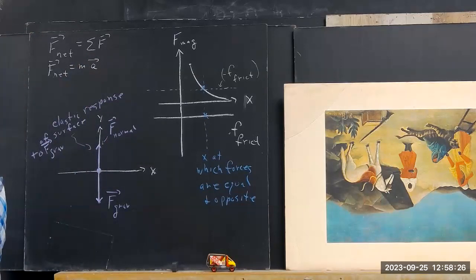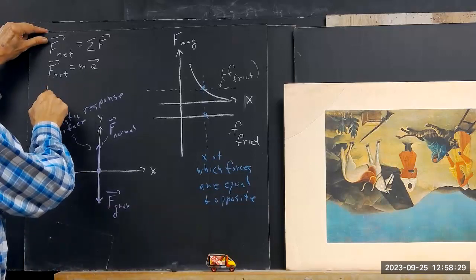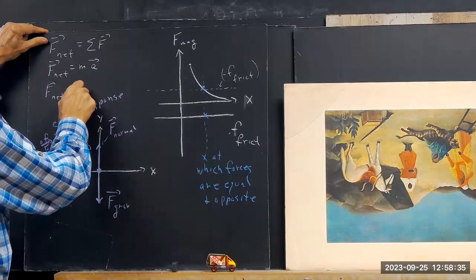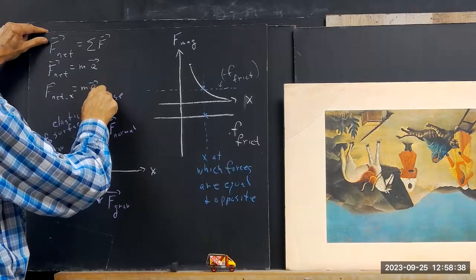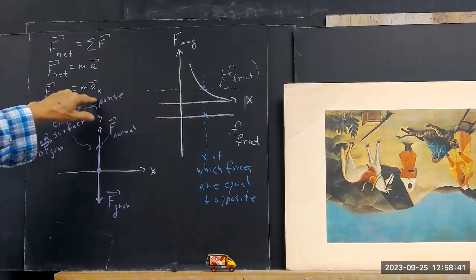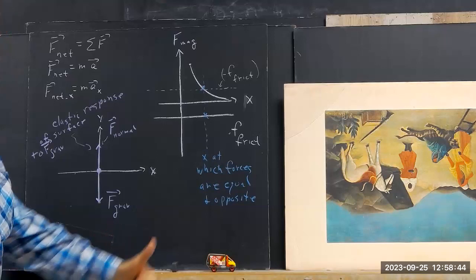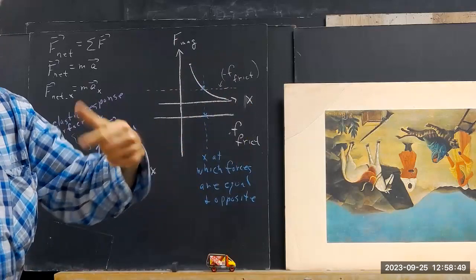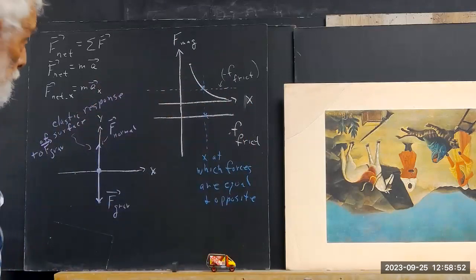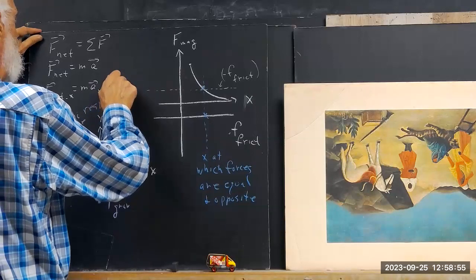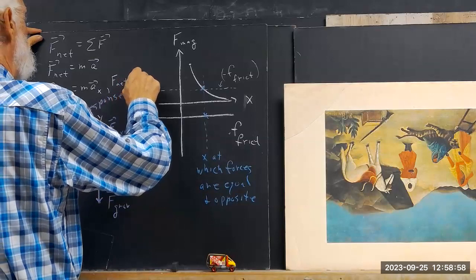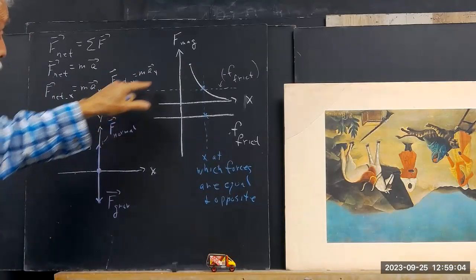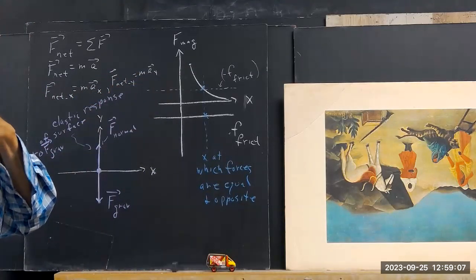Furthermore, you'll understand some linear algebra. F net in the x direction equals the mass times the component of the acceleration in the x direction. And you're used to acceleration components in the x and y direction because you've been doing projectile problems. F net in the y direction is the mass times the y component of the acceleration.